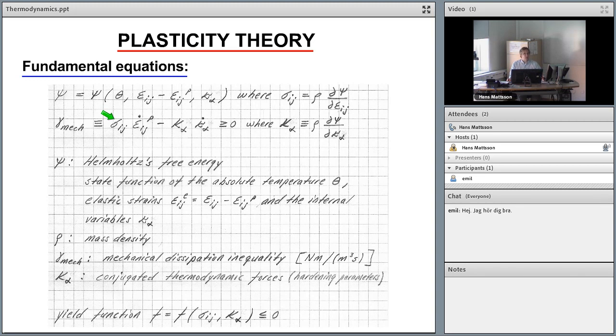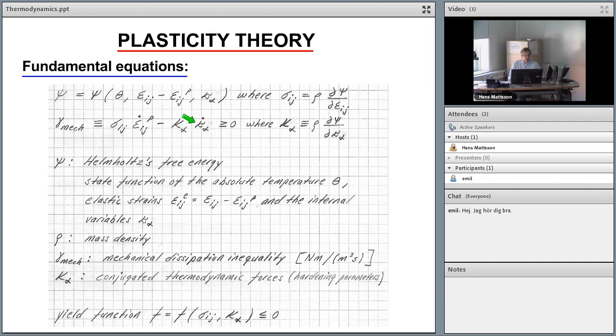That is really what we called hardening parameters before in the plasticity theory, times increments in these internal variables. And this mechanical dissipation energy should be larger or equal to 0. In fact, if we have elastic unloading, it will be equal to 0 here.